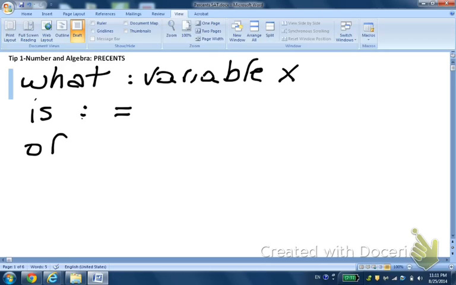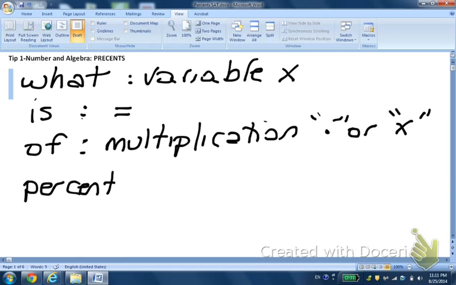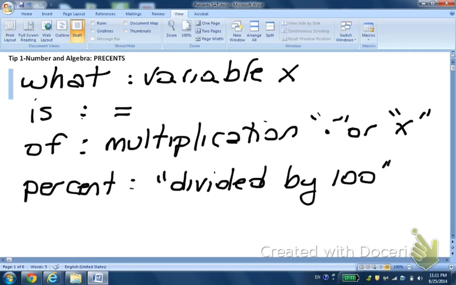The word of means multiplication, times or x, right? The word percent means divided by 100.